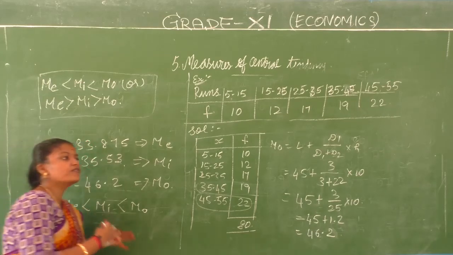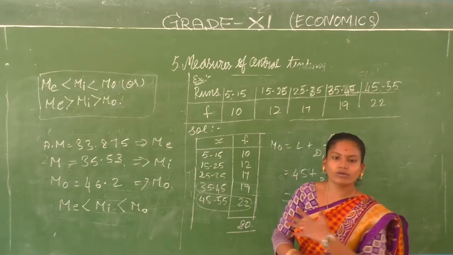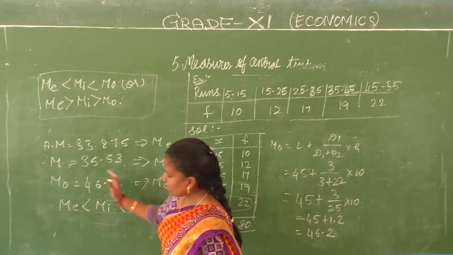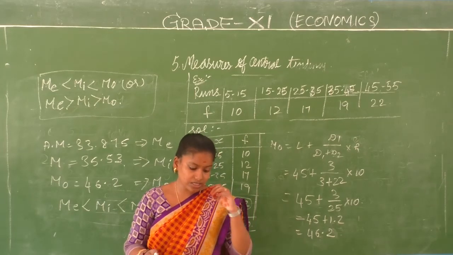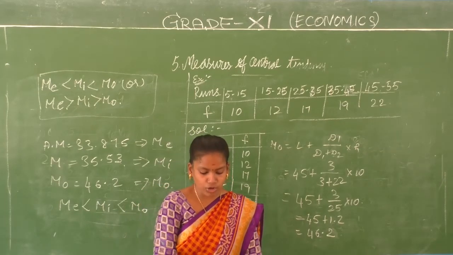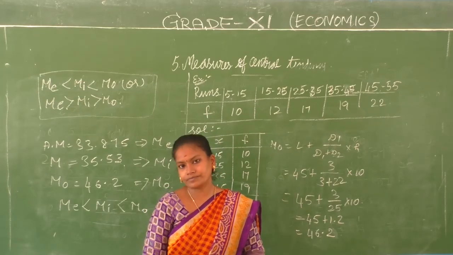It always works like this. It can be less, it can be more, that's up to the problem. But the median should always stay in the center. This is the relationship that we find. Median is always between the arithmetic mean and the mode.